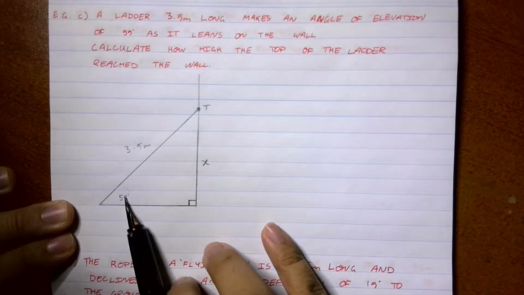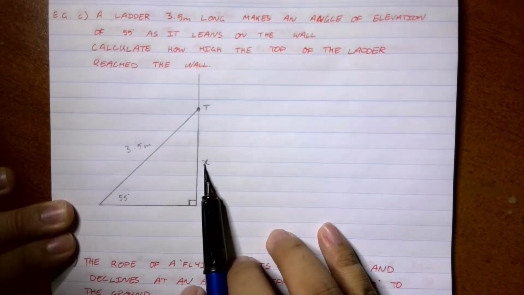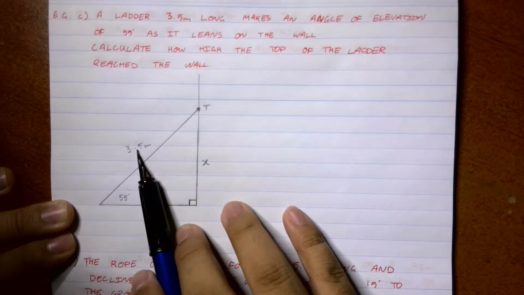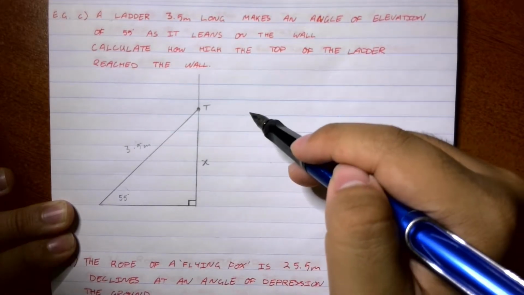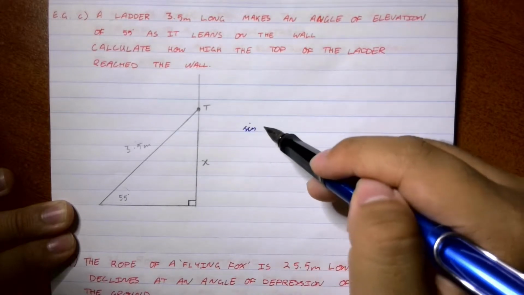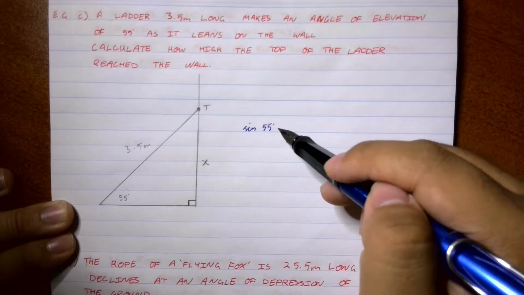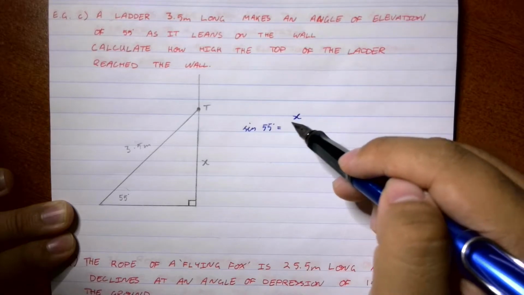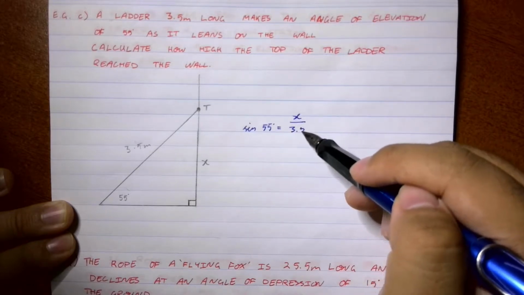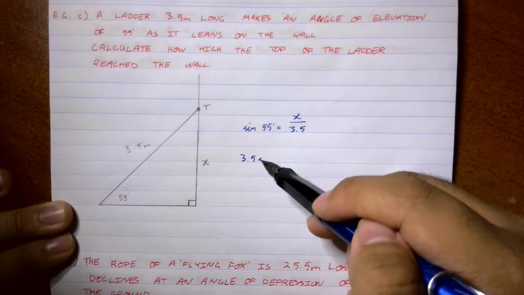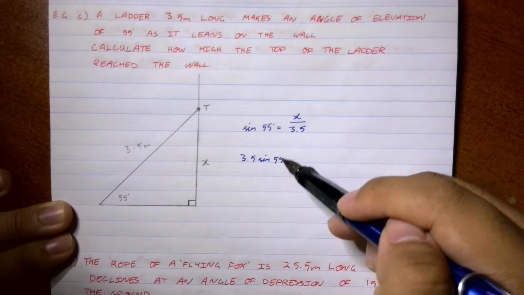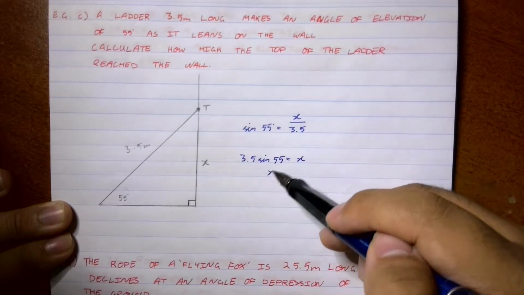From our angle, we have an opposite and a hypotenuse. Opposite and hypotenuse is sine. So sine 55 degrees is equal to x over 3.5. So 3.5 sine 55 is equal to x.